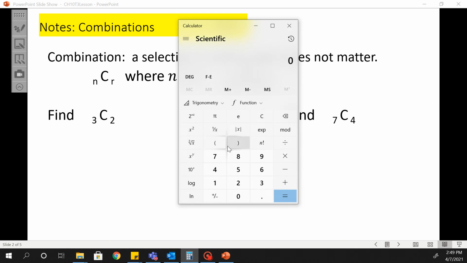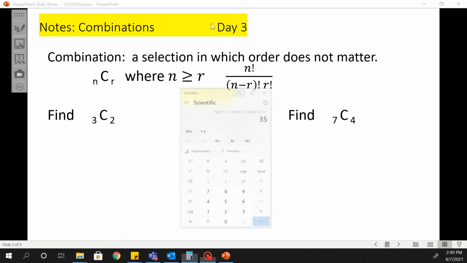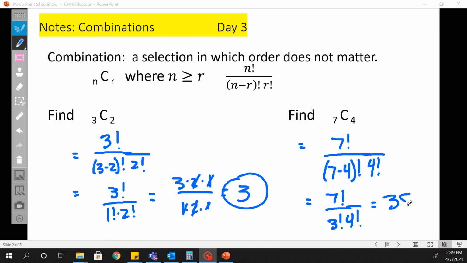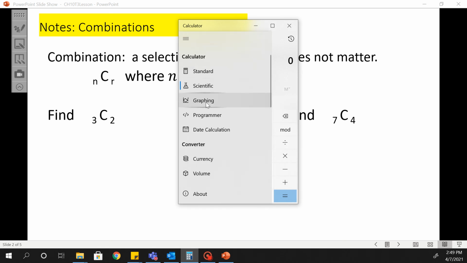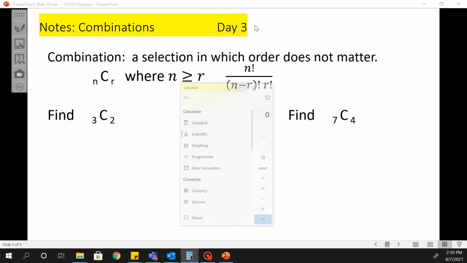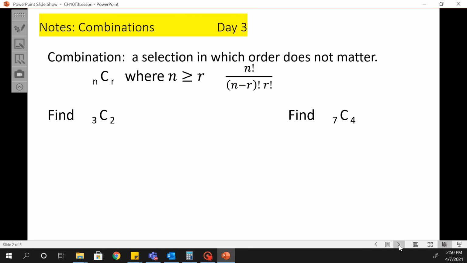That is 35. Your calculator probably has a combination function; most calculators do, though I don't know if this one does.